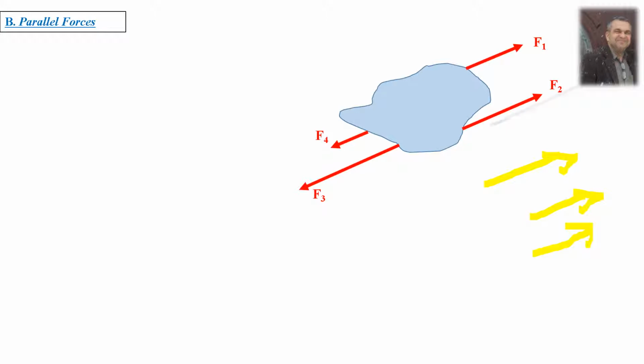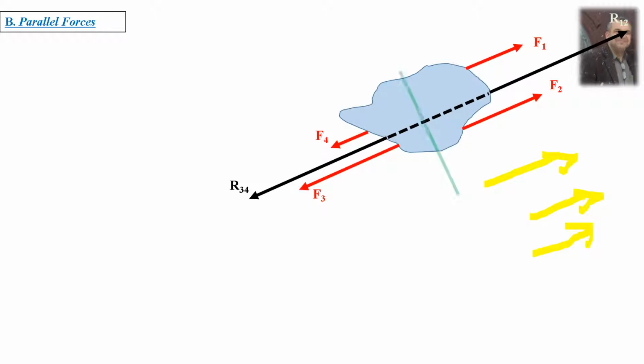This is the main point. The resultant of F1 and F2 we assume is R12, and the resultant of F3 and F4 we assume is R34. Certainly if this is in equilibrium, they both must lie on the same line. Otherwise, the equilibrium cannot be satisfied.